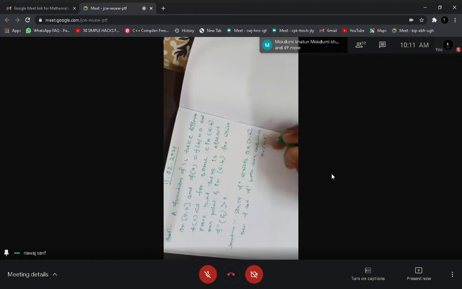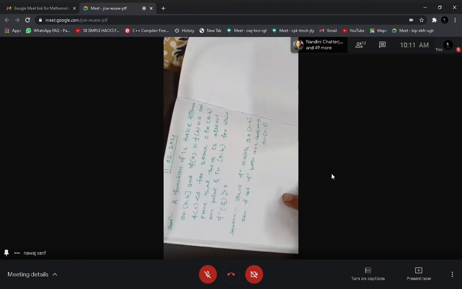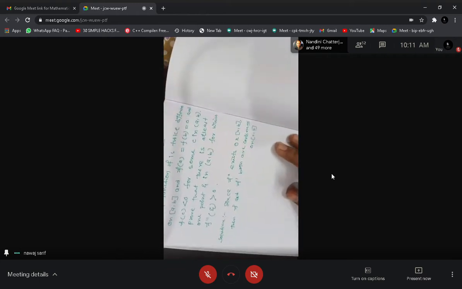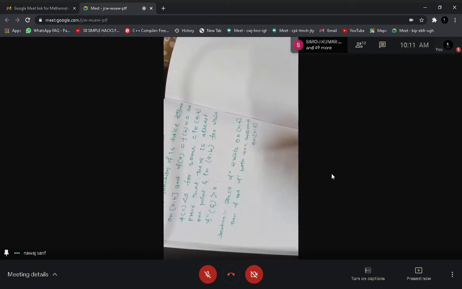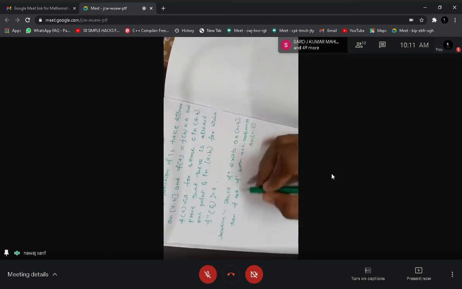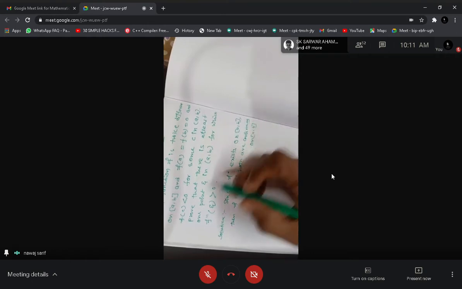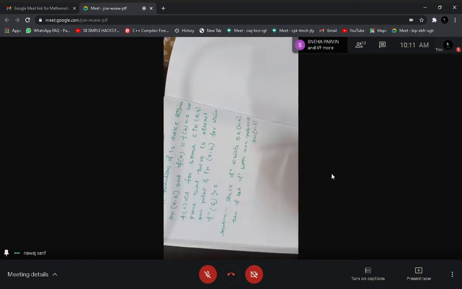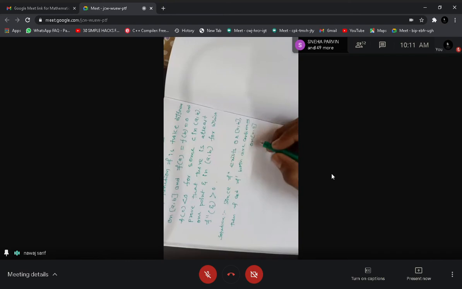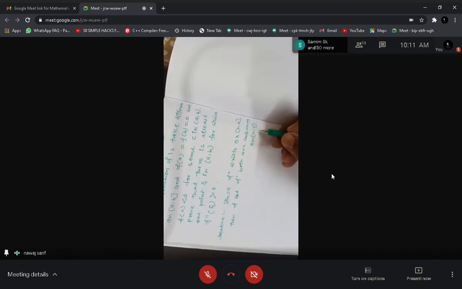If a function is differentiable, then it must be continuous. Now we are given that f and f dash both are continuous in this interval, and we have a point c, so we can say that this function is continuous also in the intervals [a,c] and [c,b].